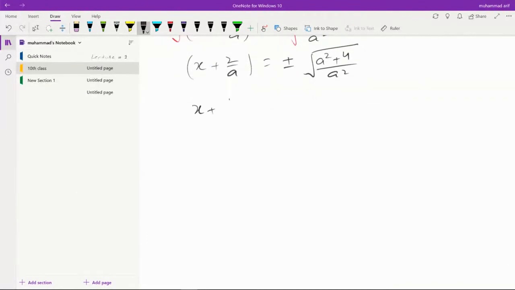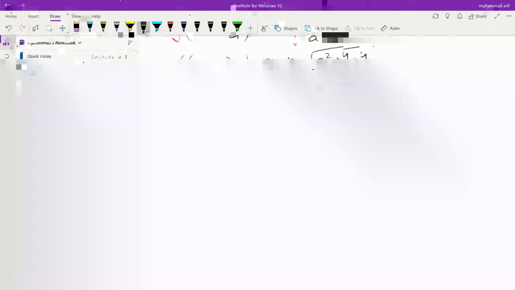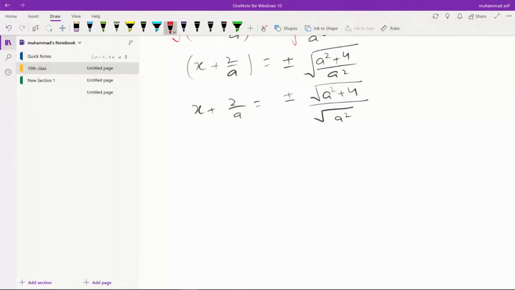After this, we can write that square root of a square plus 4 divided by square root of a square, which we studied in 9th class.